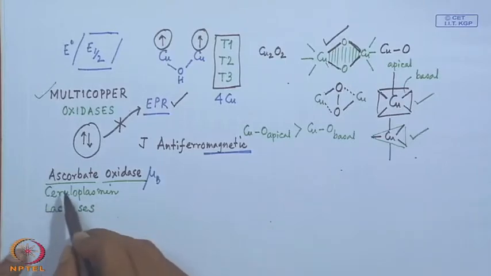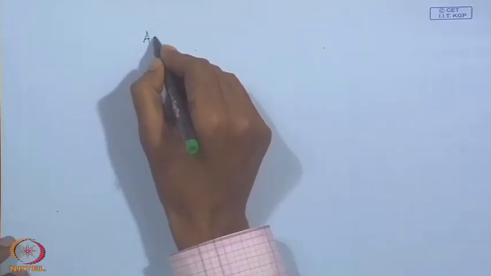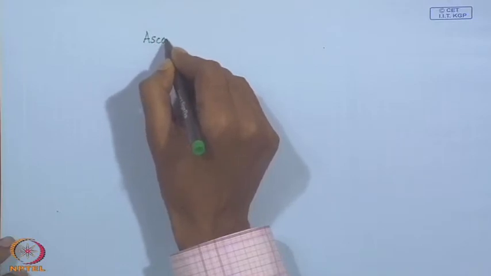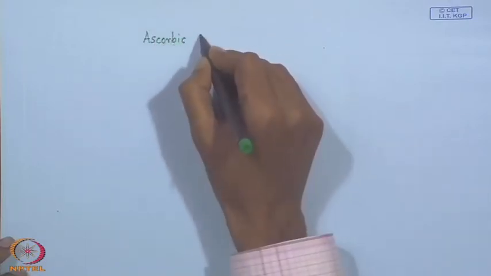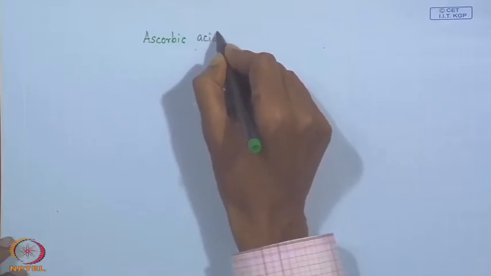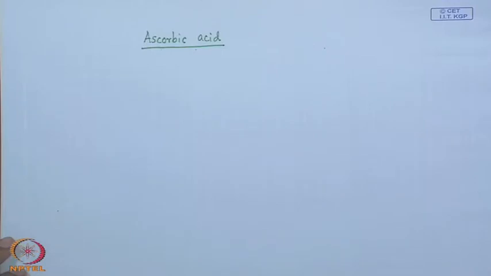When it is in the deprotonated form, we call it ascorbate, and otherwise we typically call it the corresponding oxidation reaction of ascorbic acid. So, it is not a very simple system, because it is a multicopper oxidase molecule.